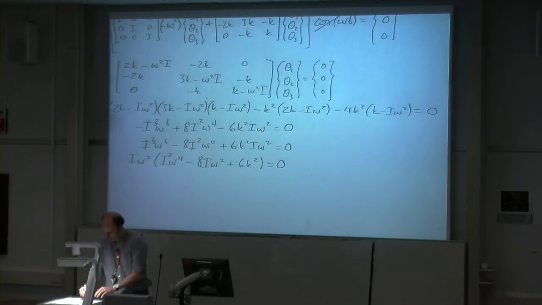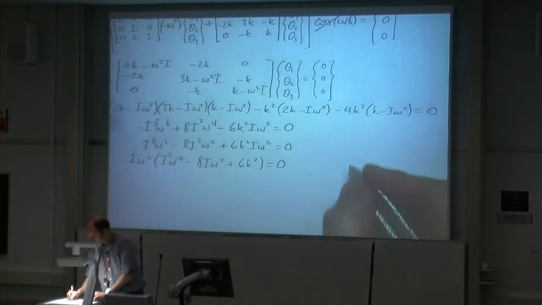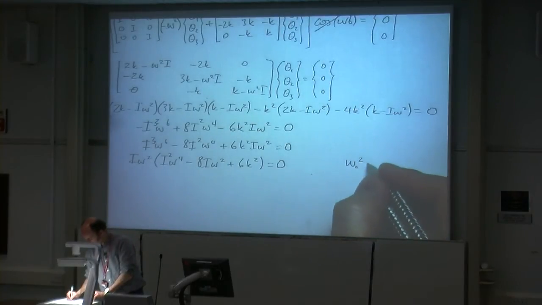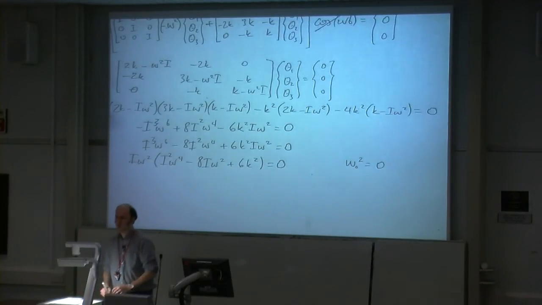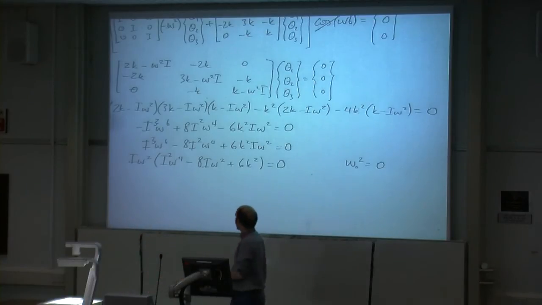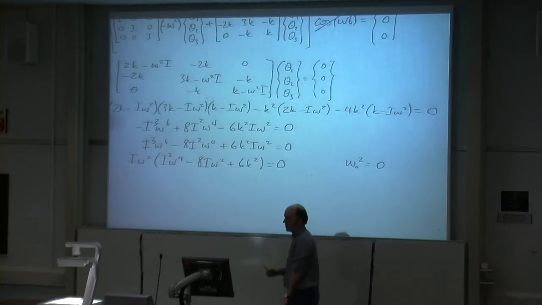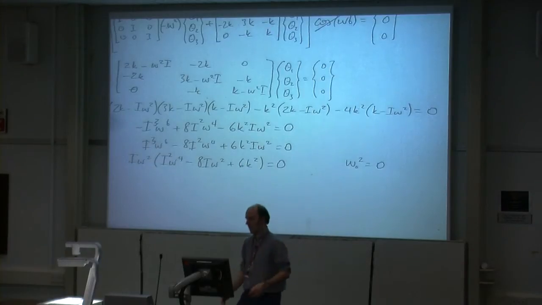Well, if I omega squared equals 0, then omega naught squared is 0. There's my first natural frequency. Okay, that's the zeroth mode. There's no natural frequency if the thing's not oscillating.